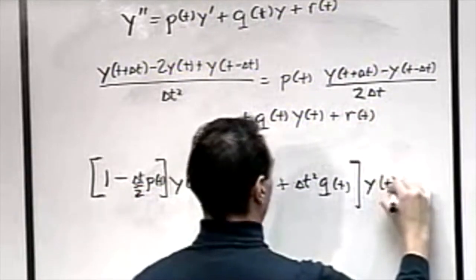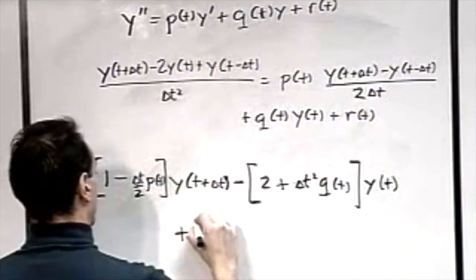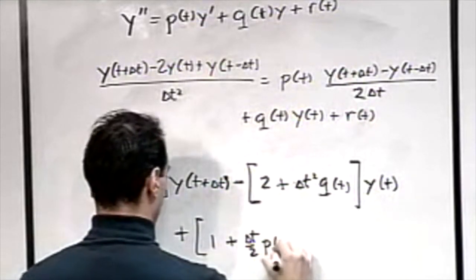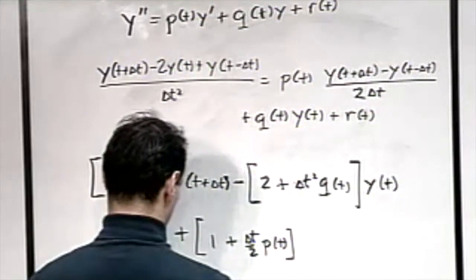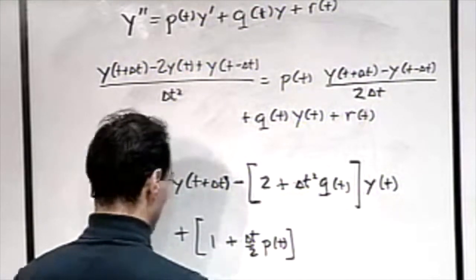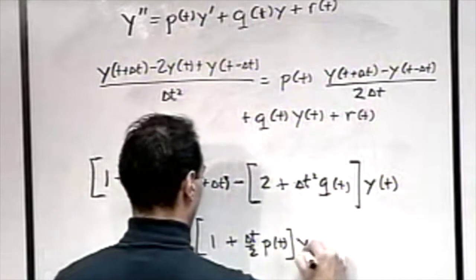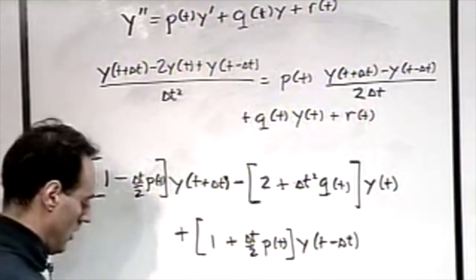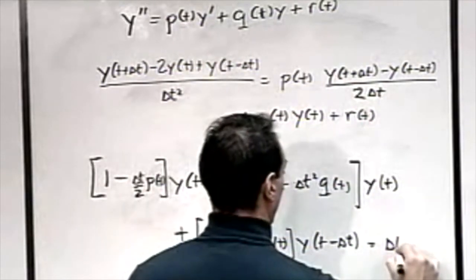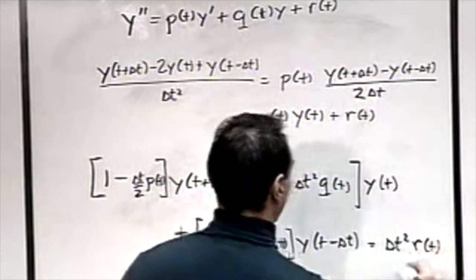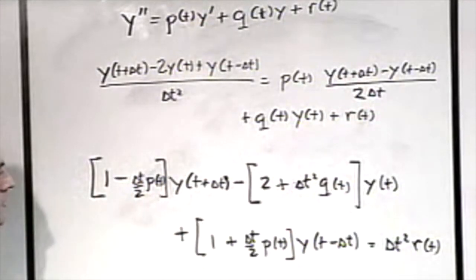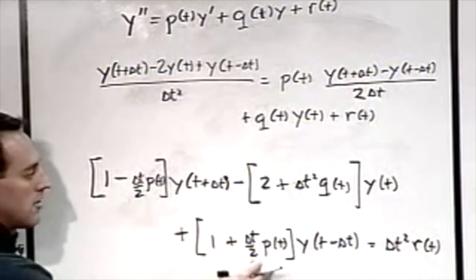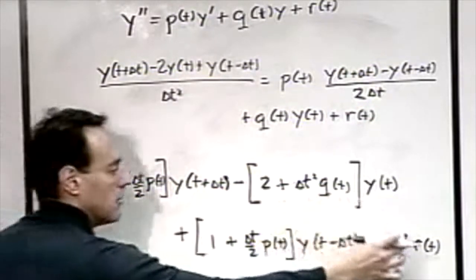Y of t plus 1 plus delta t over 2 p of t, y of t minus delta t is equal to delta t squared r of t. I'm just collecting terms. So this is the coefficient of the point in front, coefficient of the point in back, coefficient of the current term, and it's equal to this.